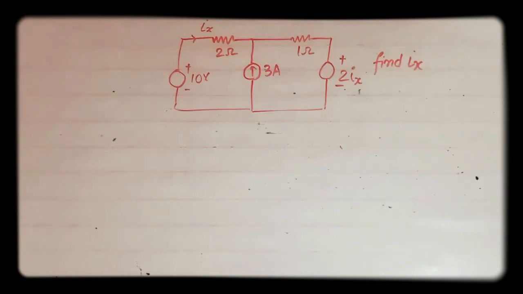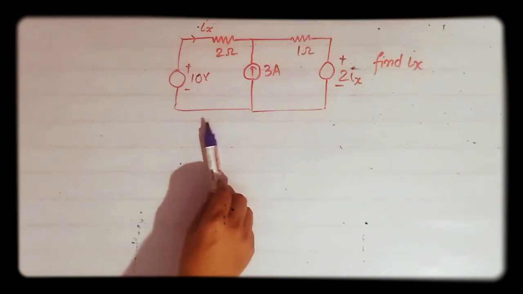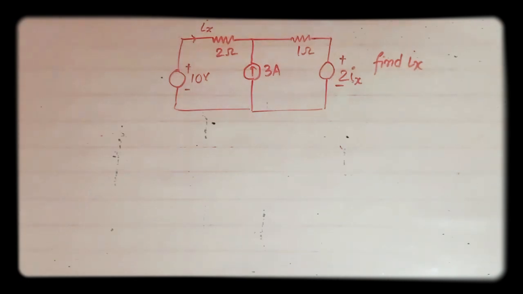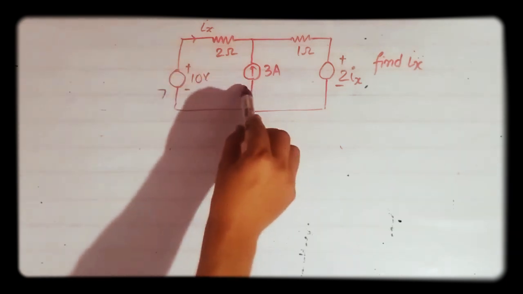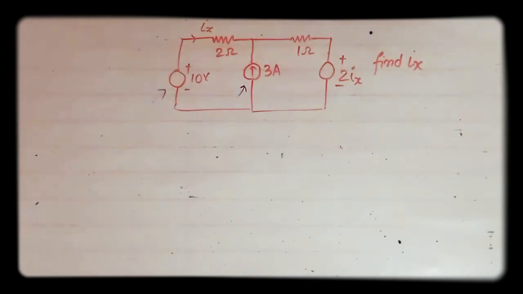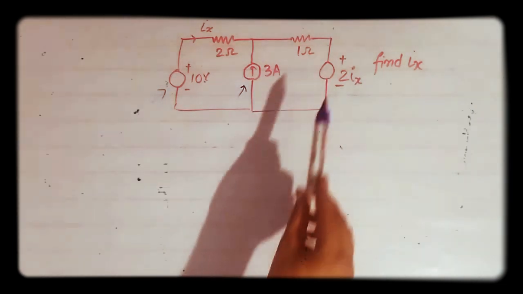So what do we do in the superposition theorem? We take the sources one by one in the circuit, and at last we add up the response of the individual sources. Here we have to take care of one important point: we will take only these two independent sources and keep this dependent source intact.